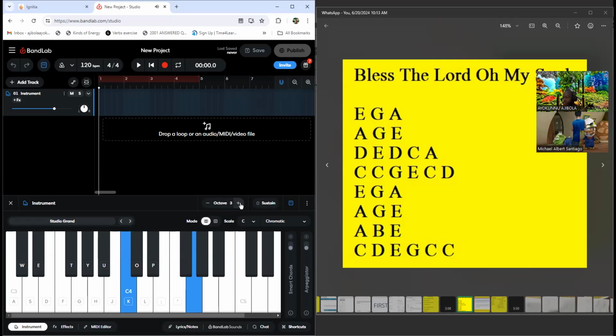So that is one part of it, but you could also play it differently. So instead of playing the last line that says C, D, E, G, C, C, it should be C, D, E, D, C, C. So that G on the last line can go to D, okay?